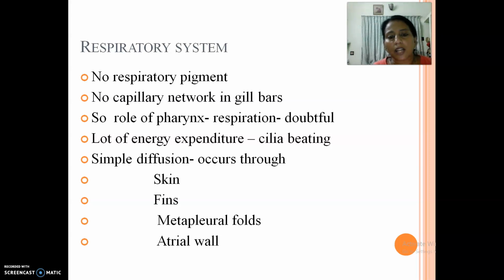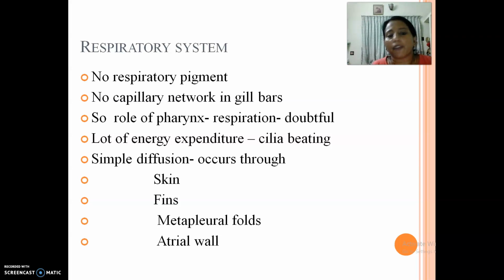Also, if respiratory gas exchange took place within the gill slits or the gill bar region, there must be a large number of blood capillaries present here. But when we deal with the blood vascular system, we see that the capillary network is absent in the gill bars.